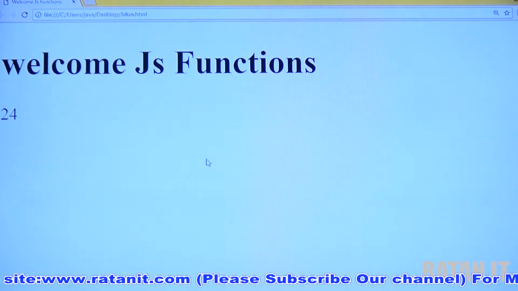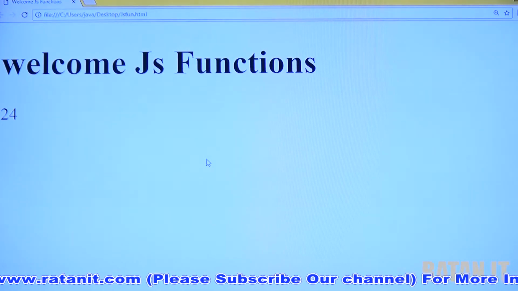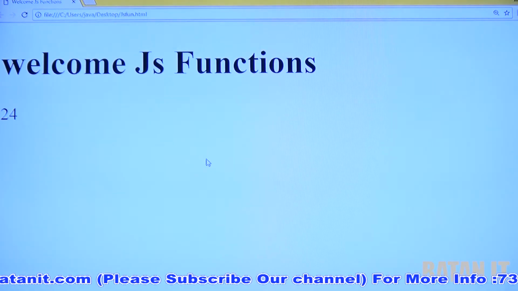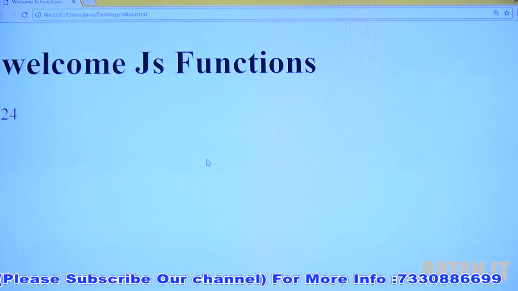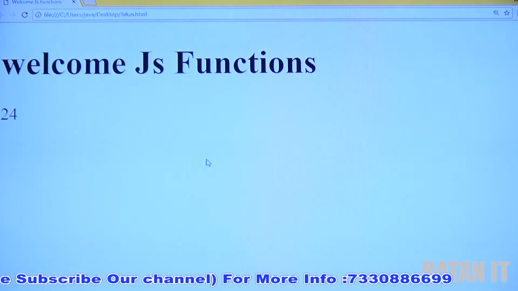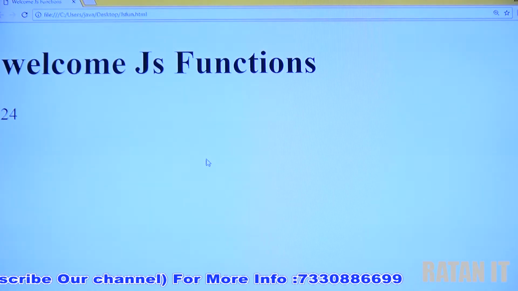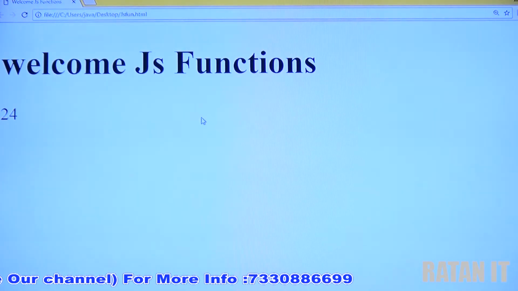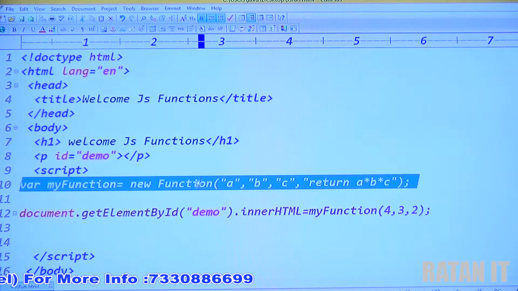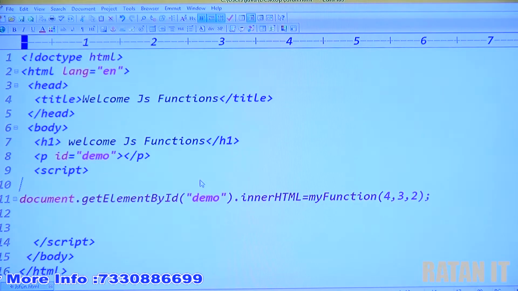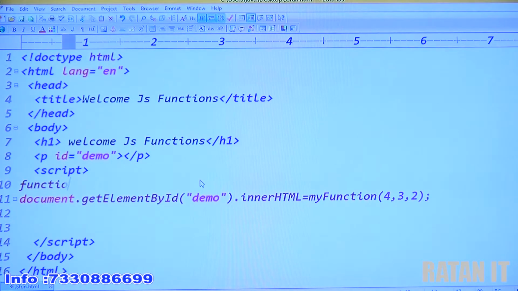Coming to the parameters, these are the parameters we are going to use. How many parameters you want, that many parameters we can use. So I'm going to write one program to find the sum of all arguments. See here, I'm having a function in script, function sum is my function.